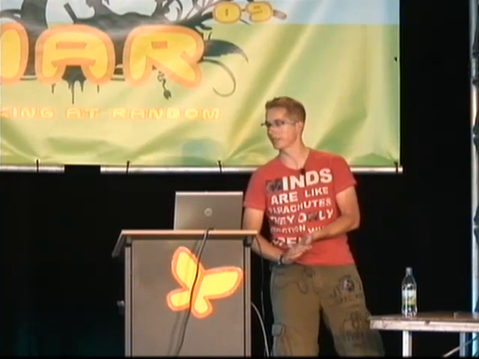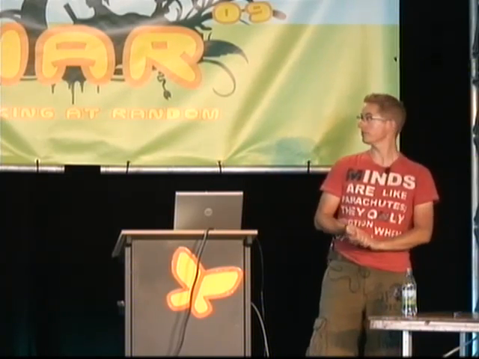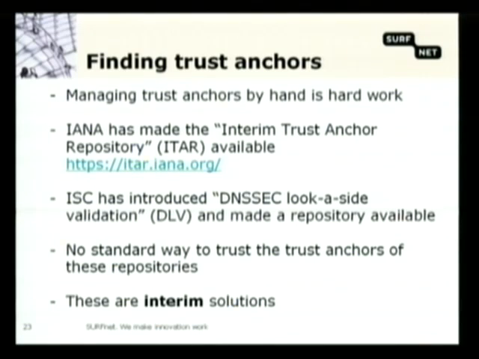So how do I find these? Because if I want to be secure today and if I want to validate the signed answers that I get today, what do I do? Well, I need to find these trust anchors. And as it turns out, it is really hard to manage these by hand. Some people have tried to help us along, because IANA has made ITAR available, which is a set of trust anchors for all the top-level domains that have signed their zones.